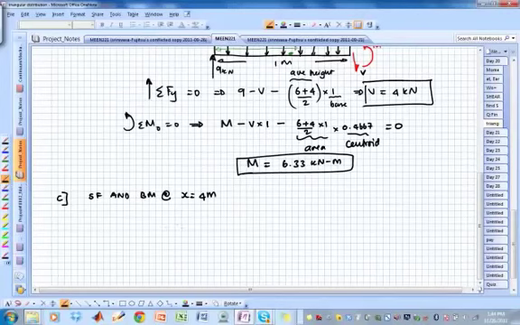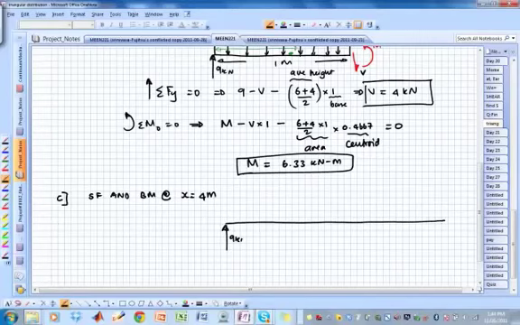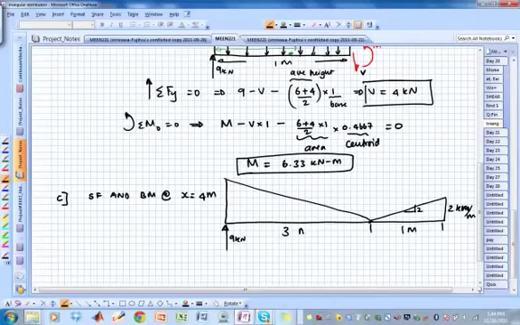By now you should have seen the drill, so it's always the same thing. 9 kilonewtons, there is 6, and here it drops all the way to 0, and then one more. So this height is 2 kilonewton per meter, because this slope is 2 and this length is 1 meter, and this is 3 meters. This is 6 kilonewton per meter, and this is all downwards.